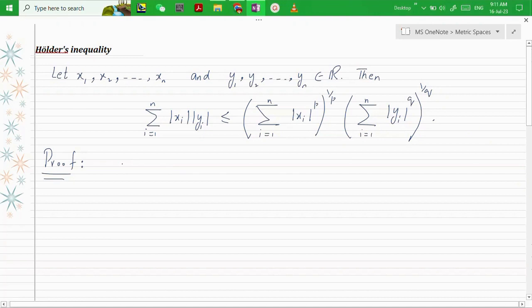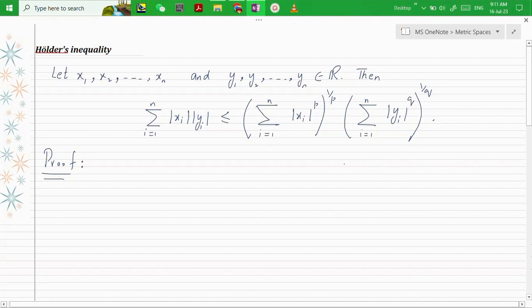And here one thing to be noted is that Hölder's inequality is the general case of the Cauchy-Schwarz inequality, because in the Cauchy-Schwarz inequality p and q are equal to 2. But in Hölder's inequality, what is the condition on p and q?